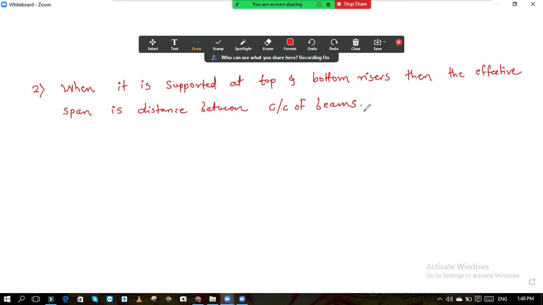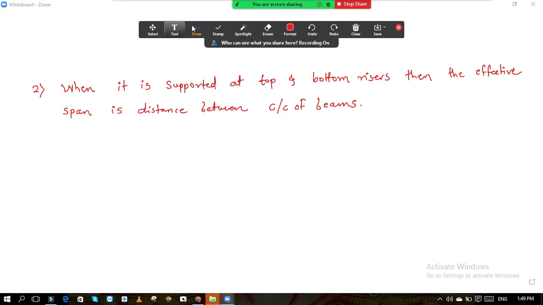Okay. So when the stair is supported at top and bottom risers, then the effective span is the distance between center to center of beams. So again we will draw the diagram so that it will be easier for us to understand.